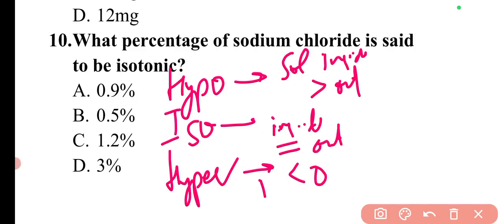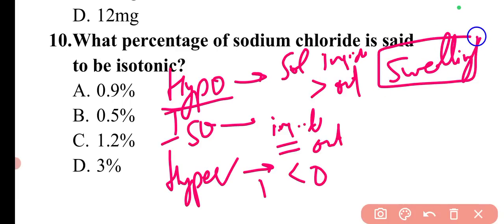Now what is the effect if we provide this solution to the body fluids? If a hypotonic solution is given, then there will be swelling of cells. If isotonic, this will be the equilibrium, there will be no effect.